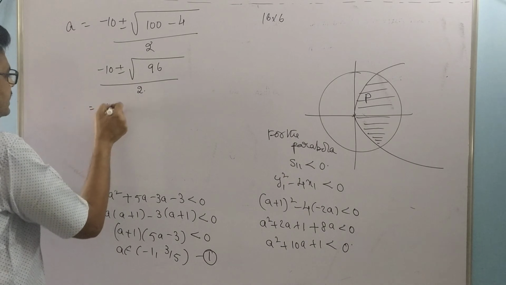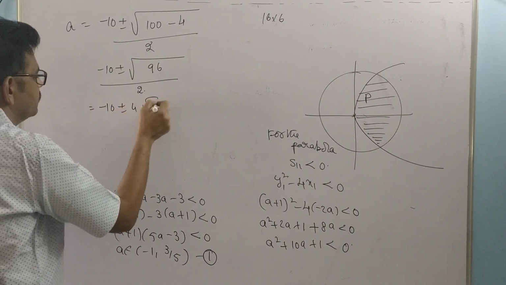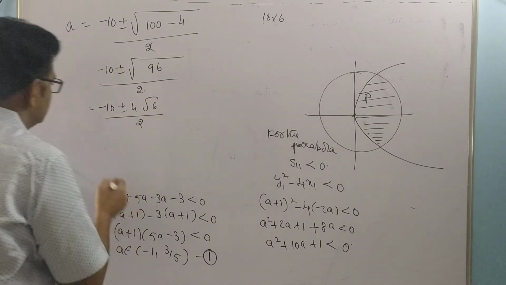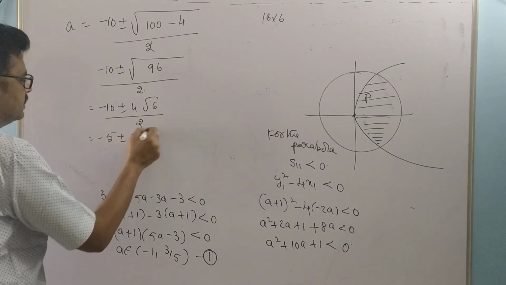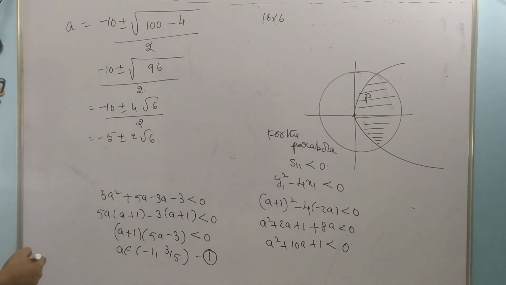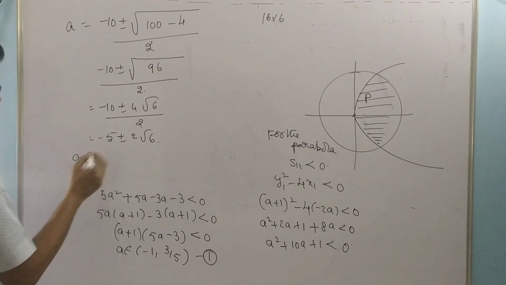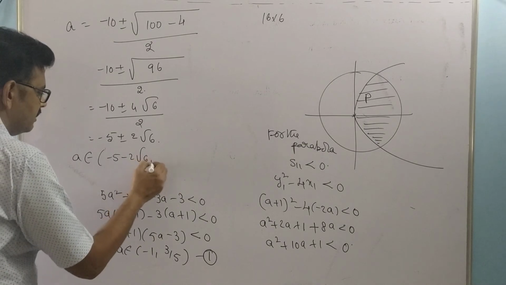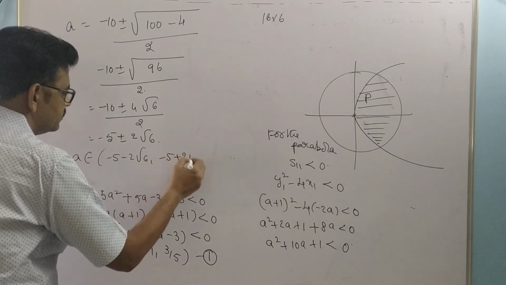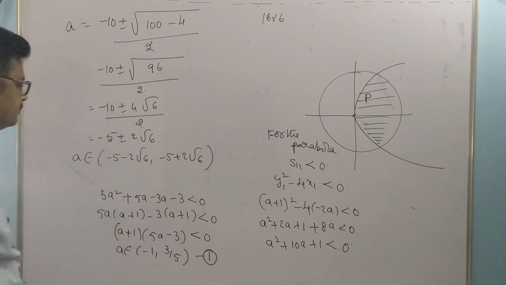That is (-10 ± 4√6) / 2, which is -5 ± 2√6. Therefore a belongs to (-5 - 2√6, -5 + 2√6).